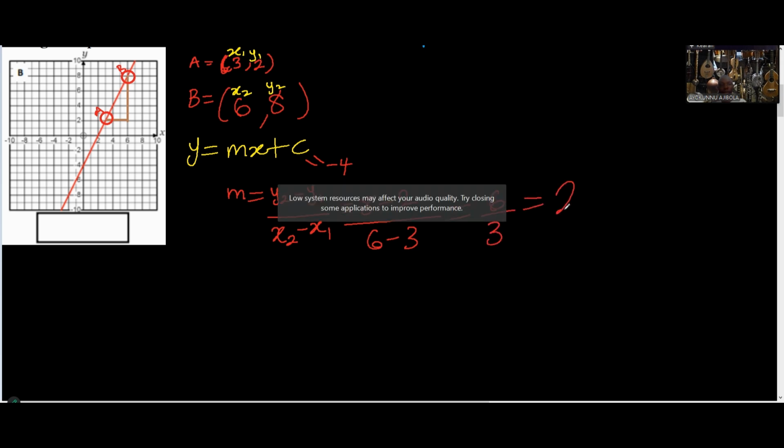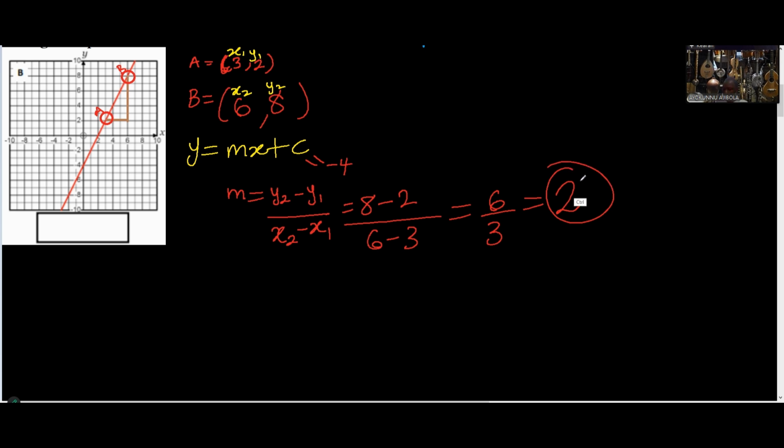So what's our gradient? 6 divided by 2. Our gradient is what? 2. M equals 2. So what will be the equation now? Can you tell me? Now, what will be the equation? This equation, what will it become now?